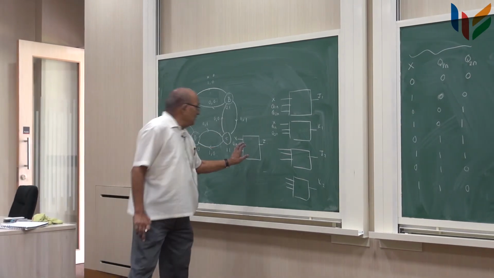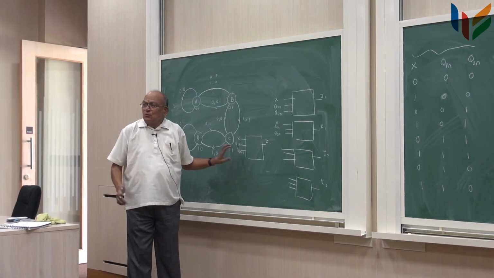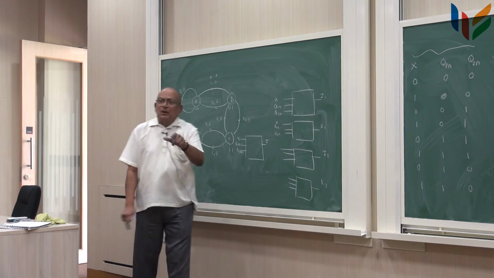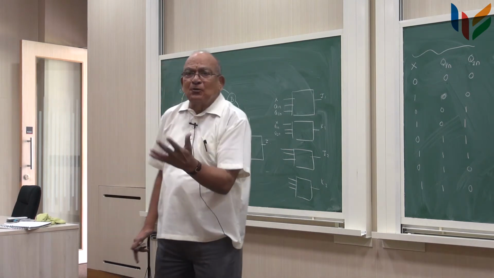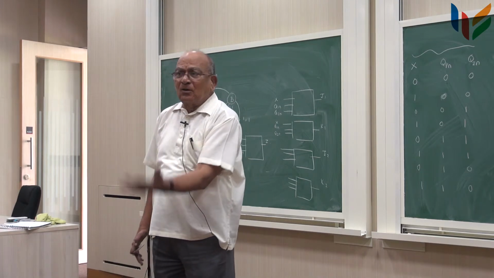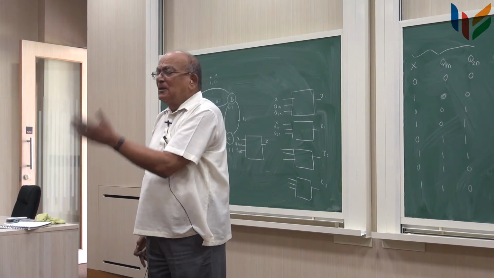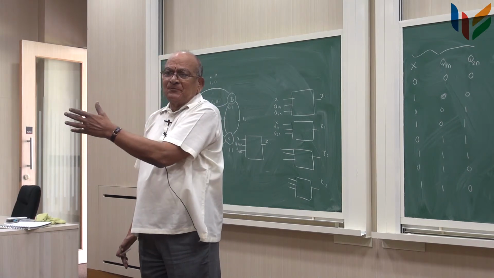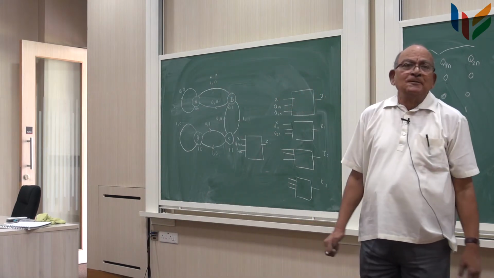But the output will be in terms of the new state, because the new state has only happened when the input has been given. And since the input has been given to the combinatorial circuit, automatically the state has changed immediately. So this is the n plus 1.